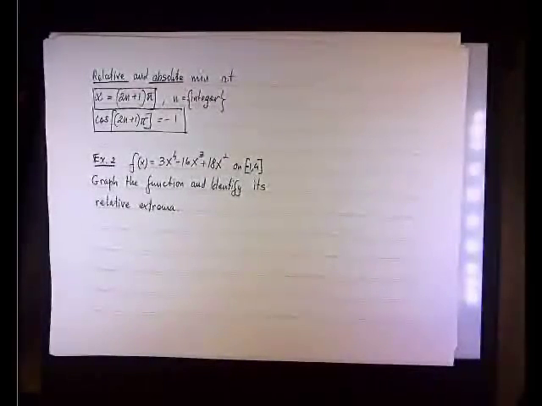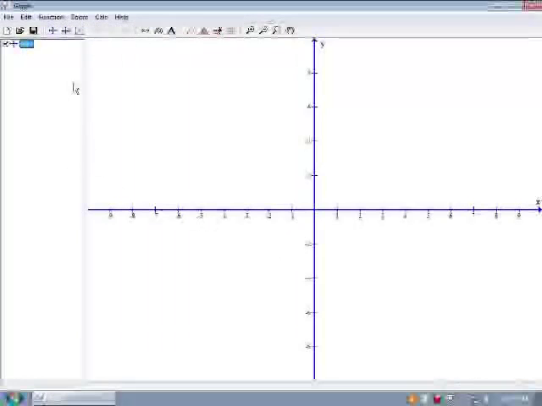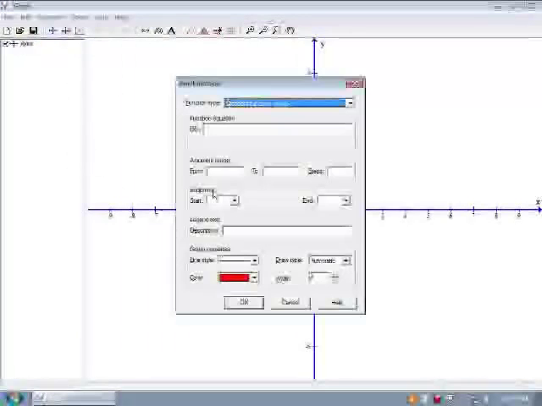All right, so first things first, let's graph the function. All right, so let's see how this will work. 3 times x to the fourth minus 16 times x cubed plus 18 times x squared.